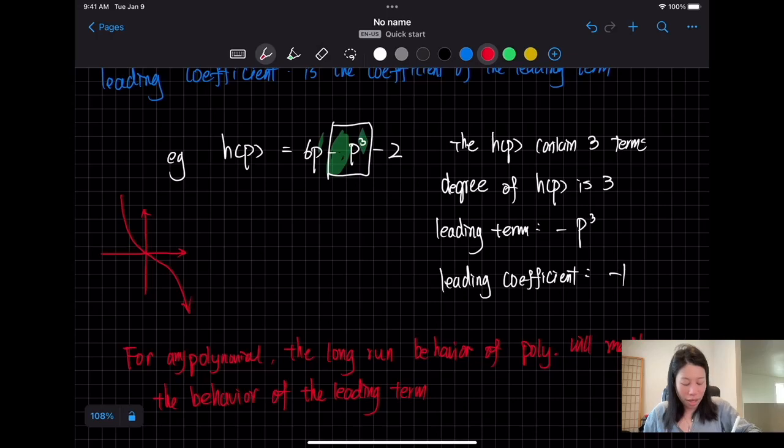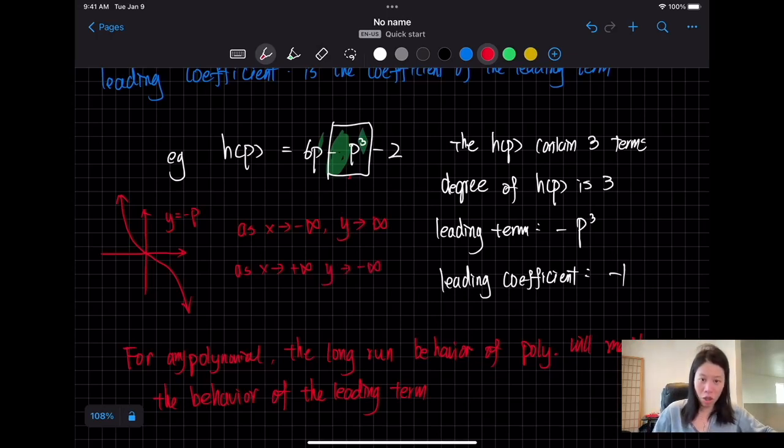So the end behavior for negative p to the cube is going to look like: as x goes to negative infinity, y goes to positive infinity. And as x goes to the right, which is positive infinity, y goes down, which is negative infinity. So this is the long run behavior for negative p to the cube.